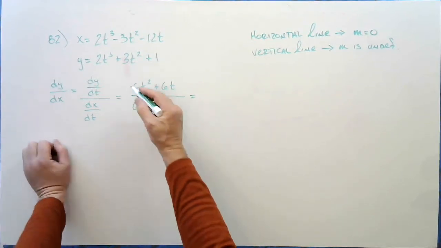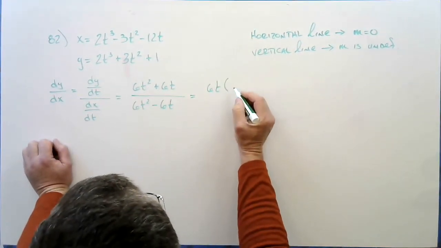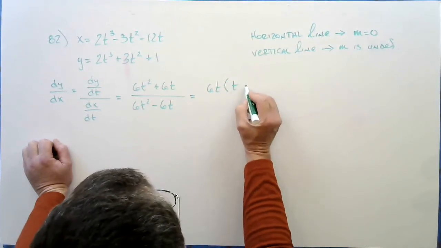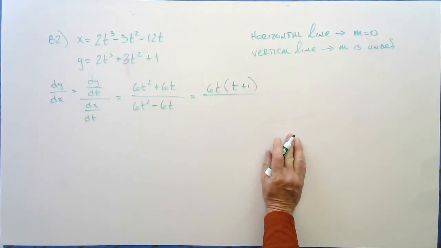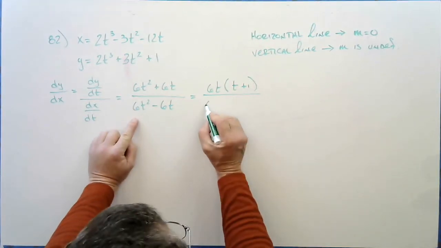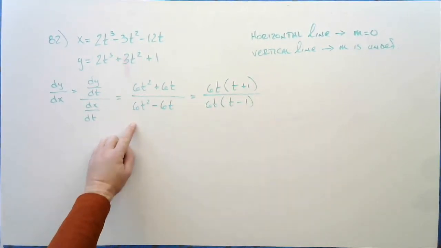And if we factor this, we're going to get 6t times t plus 1 divided by 6t times t minus 1.